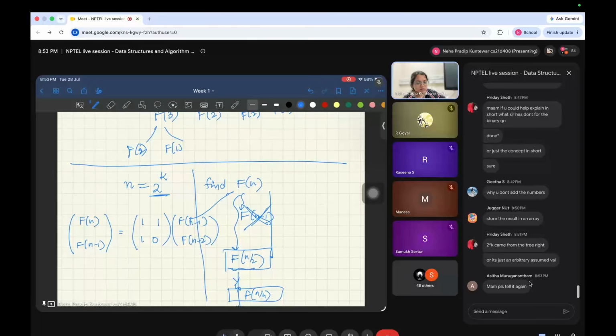This is a matrix, I'm calling this matrix A. Multiply this matrix A with this vector f of n minus 1 and f of n minus 2. This turns out to be f of n minus 1 plus f of n minus 2. This is the first entry, this row and this column. And if you look at the second entry, this is going to be simply f of n minus 1. But what is f of n minus 1 plus f of n minus 2? It is f of n, correct?